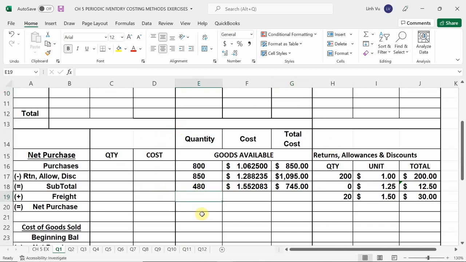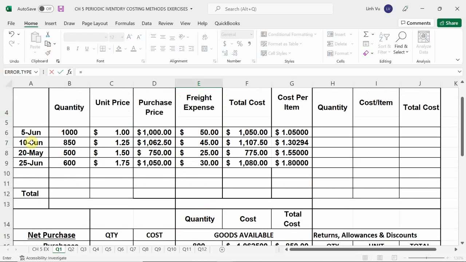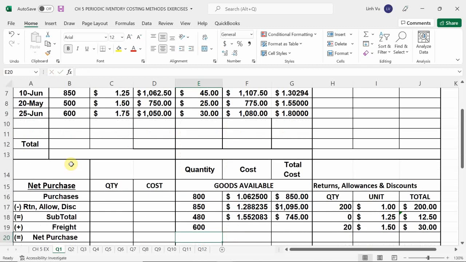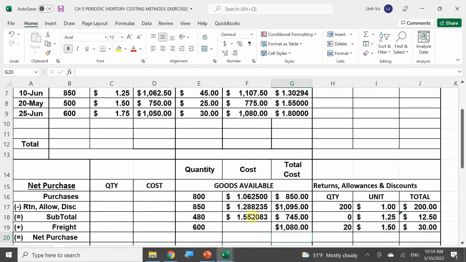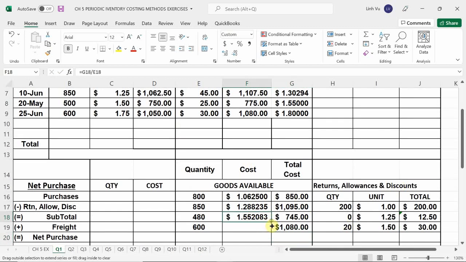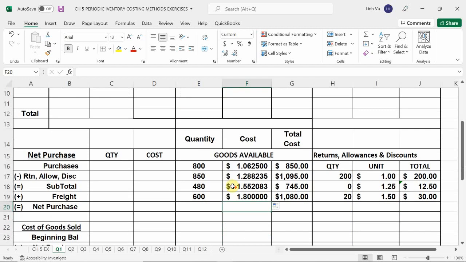So I'm going to carry that value down, because I made no changes to this, so it should stay exactly the same. All right, $1.80.